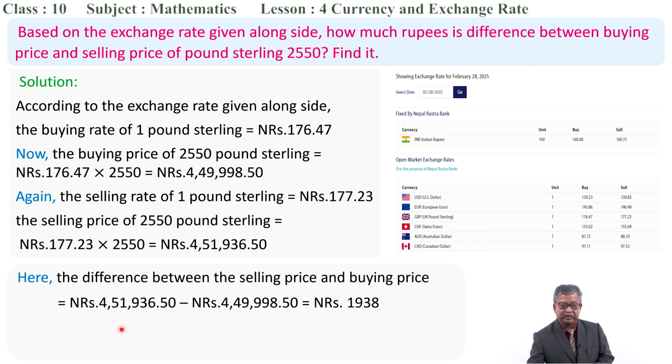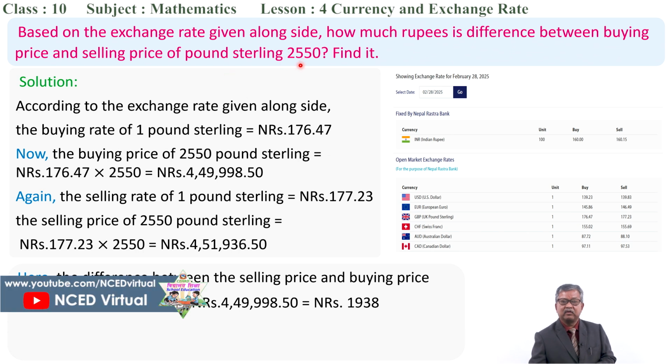2,000 rupees. 5,51,936 and 50 paisa minus 4,49,998 rupees 50 paisa. Then we get the difference is 1,938. So we can say that 1,938 is the difference of the selling price and buying price in that day according to the given exchange rate of what?